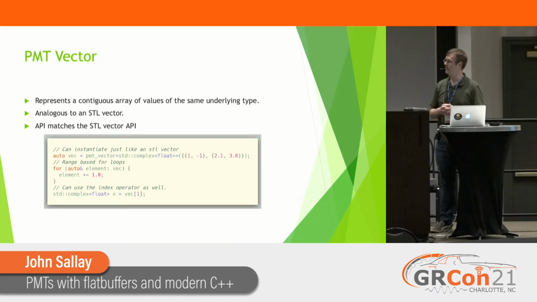In the code snippet here, which I apologize if it's hard to read, you can construct it using all of the constructors for an STL vector. In this case, I'm producing one from a complex float. You can use range-based for loops. You can index it using the bracket operator. The goal, yet again, is that it feels just like you're using a standard template library vector and that it doesn't feel like you're using some bespoke object.